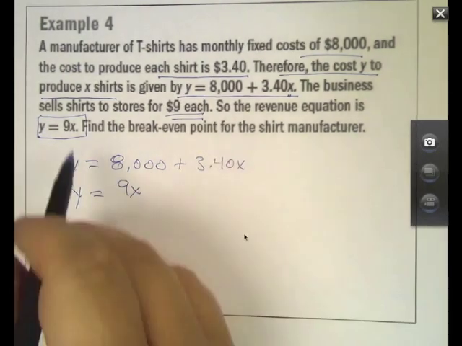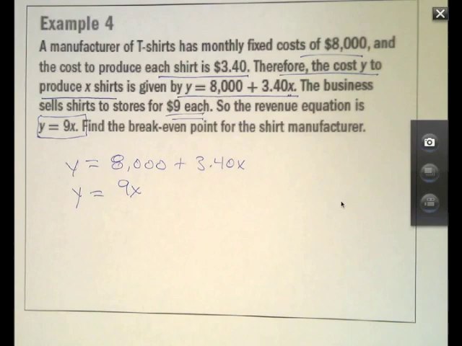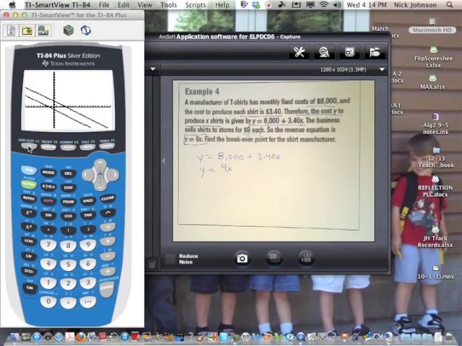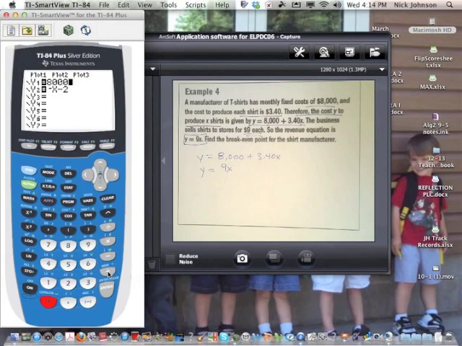These are the two things you're going to type into your calculator. So 8,000 plus $3.40 X, and you don't need that zero in there, but I'm going to put it in just for principal purposes. And Y equals 9X. So we're going to see where these two things cross at.